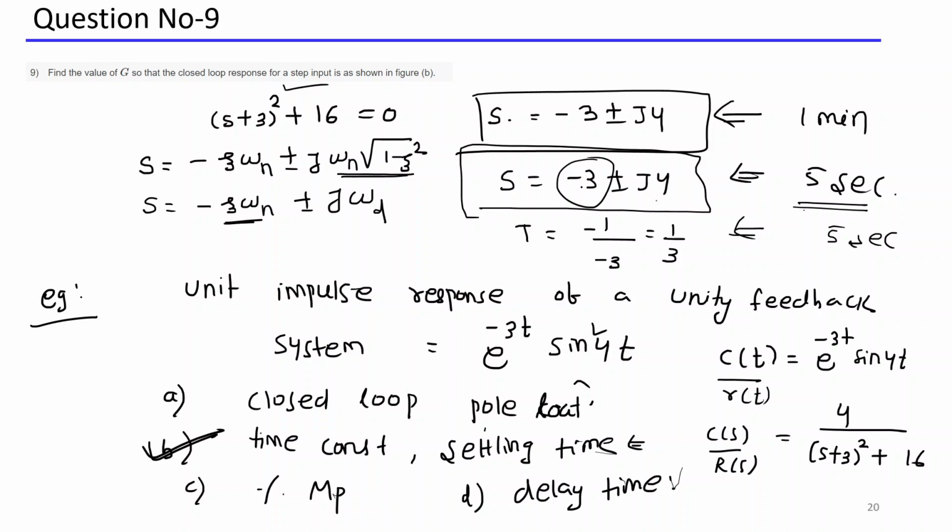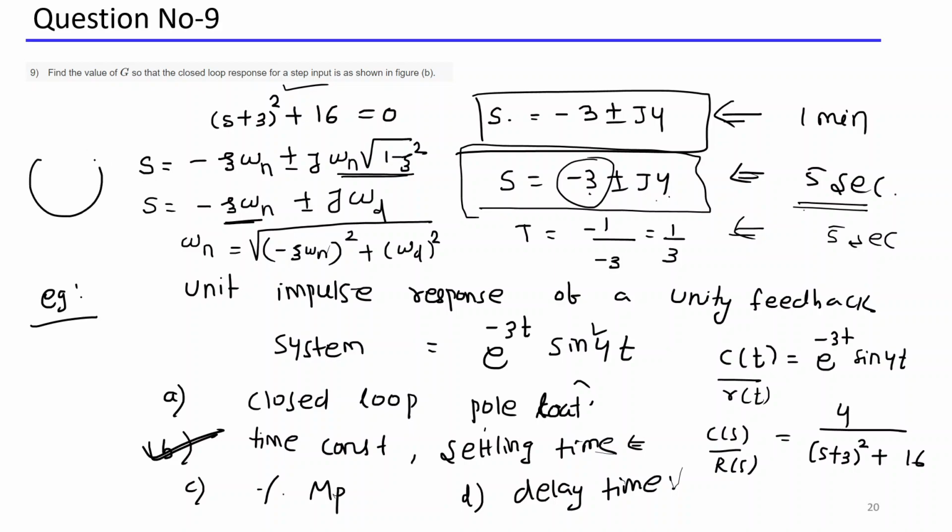So the real part is minus 3 and the imaginary part is 4. If you find the amplitude, that is the square root of (zeta omega n) square plus omega d square, that gives you omega n, right, sir? You have already discussed that in the class.